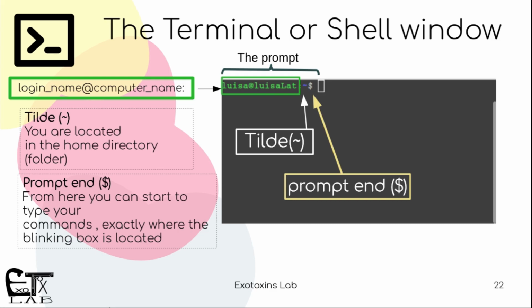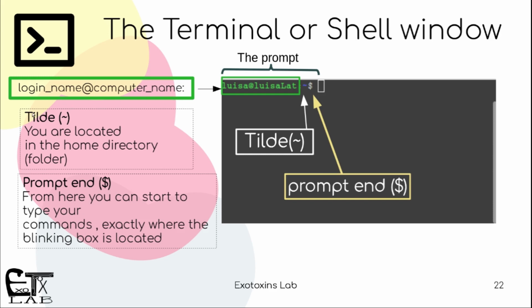When I look at the terminal, you will find the prompt. The prompt has different parts. One is, in the beginning, the login name separated with an @ symbol, and then the computer name, and then the colon.